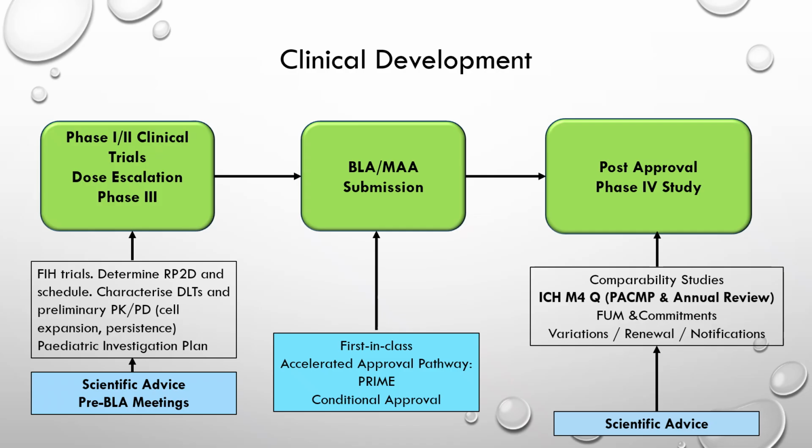Everything else is the same. When you're doing your clinical trials and your clinical trial application, as well as your biological license application and your marketing authorization application, it is the totality of information from your non-clinical studies and clinical studies and other relevant comparable clinical trials and clinical data.